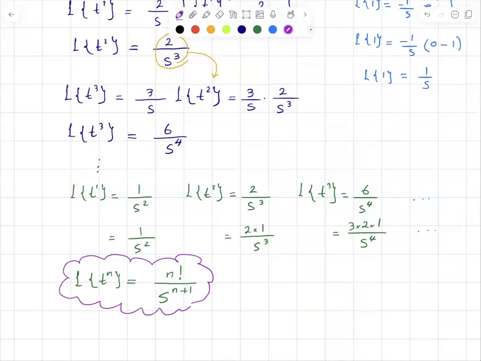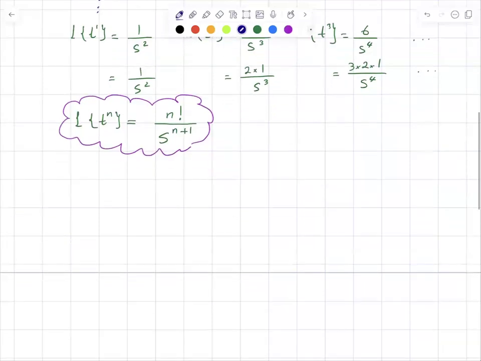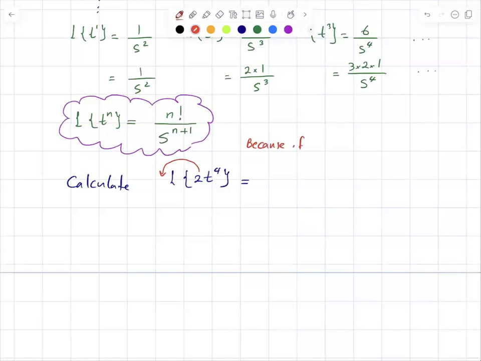Let's take a look at a few examples. Suppose I ask you to calculate the Laplace of 2t to the power 4. We're going to use the formula that we just introduced, but because of linearity, you can take this 2 and write it in front of the Laplace, as a scalar multiplication.